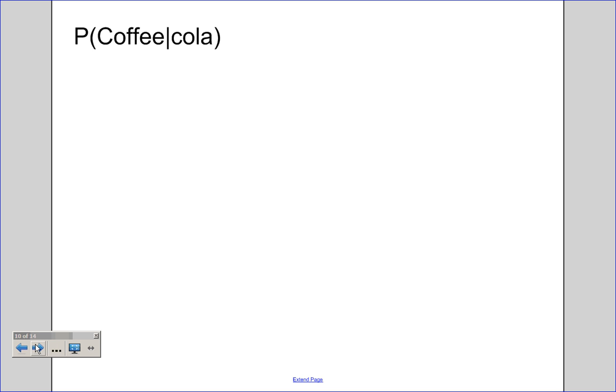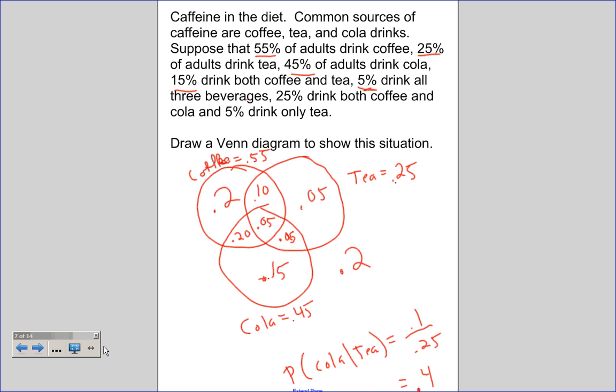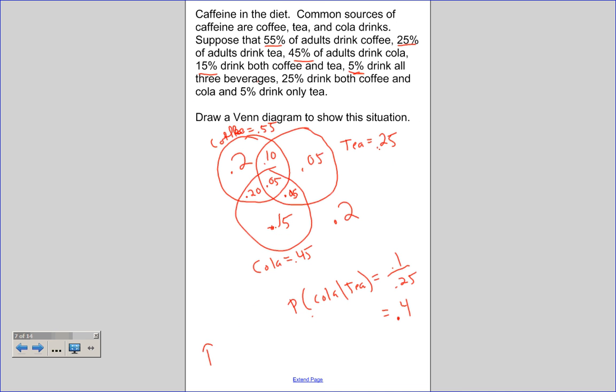What's the probability they drink coffee given the fact that they drink cola? Probability of coffee given the fact that they drink cola. So cola is 0.45, so let's start there, 0.45. And what's the probability of coffee?